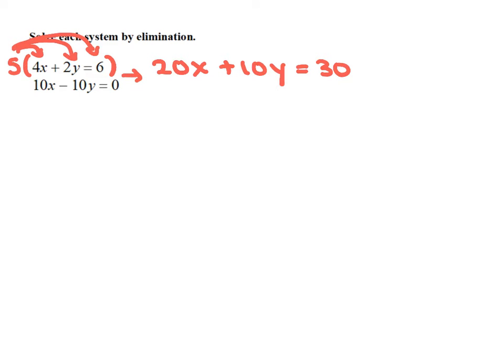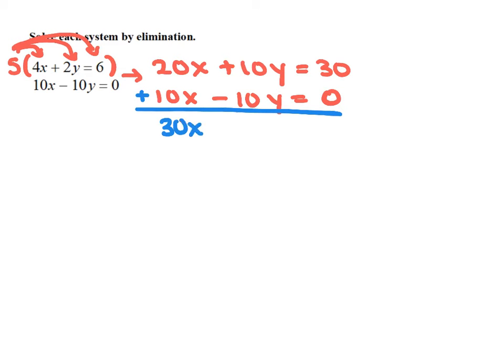My second equation will stay the same. So I'll have 10x minus 10y equals 0. Now if I add the two equations together, I'll get 30x, 10y minus 10y gives me plus 0y equals 30.